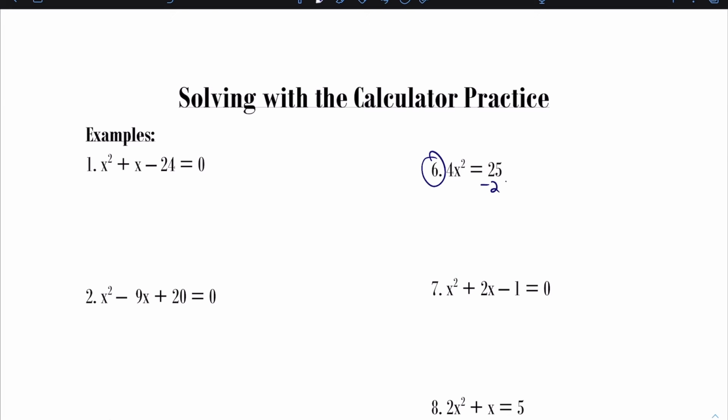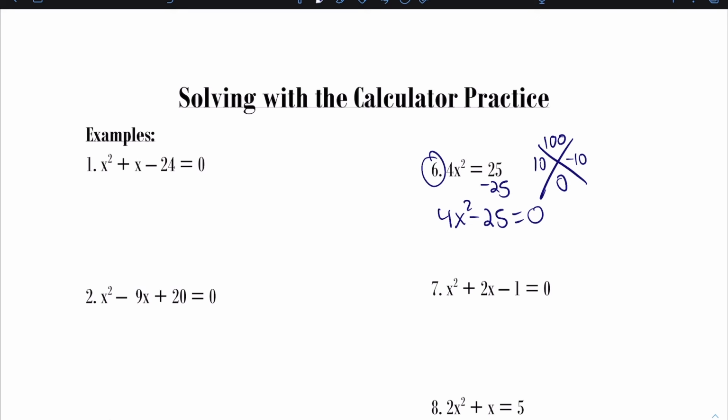If we subtract the 25, that'll be 4x squared minus 25 equals 0. If we do our factoring chart, that's 4 times 25 on top and a 0 on the bottom because there is no b. Things that multiply to make 100 and add to make 0 are 10 and negative 10.